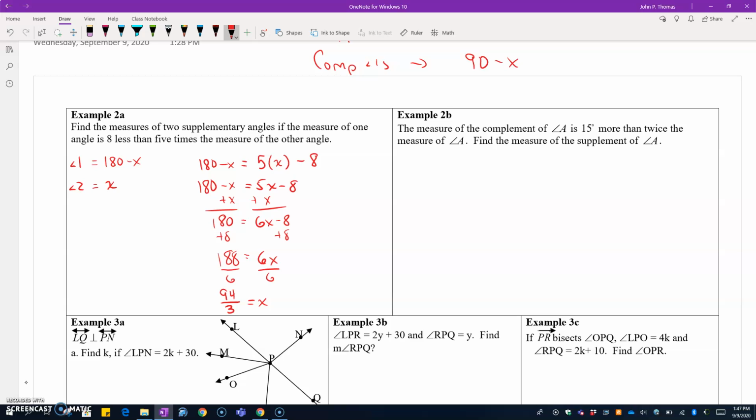So it says find the measure of the two supplementary angles. So we're going to have to find the other angle now. So we have one angle is 94 over 3. So the other angle is going to be 180 minus that. So we have 180 minus 94 thirds. If we go ahead and do that, we're going to have to find out what 180 is in thirds.